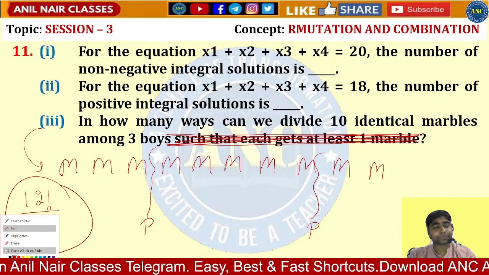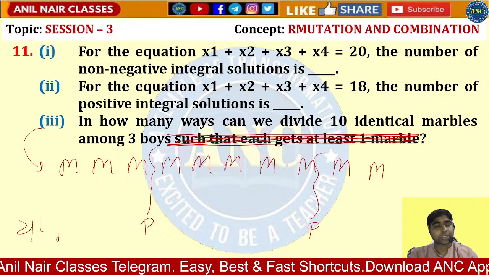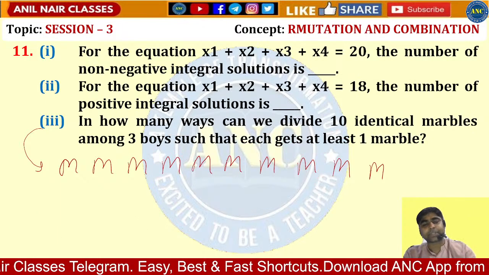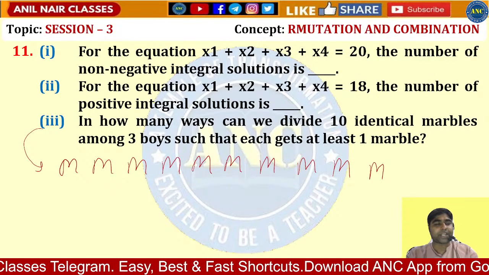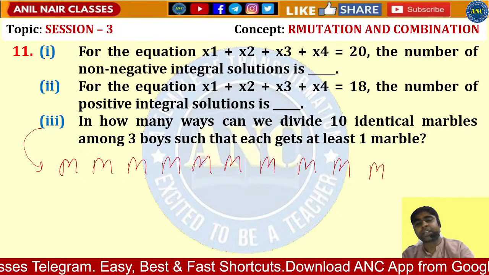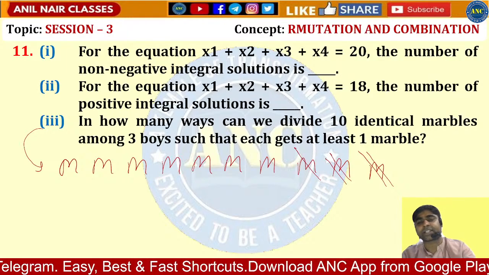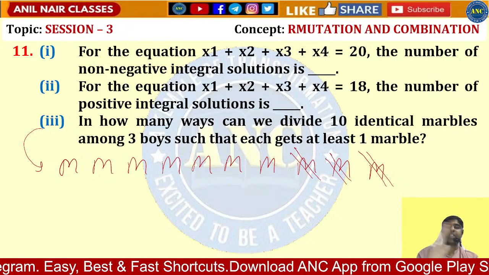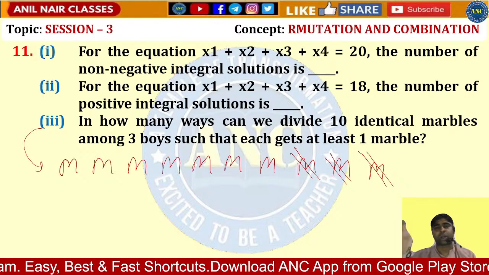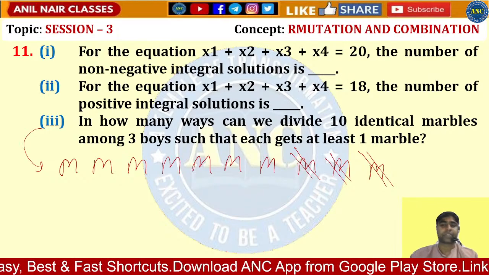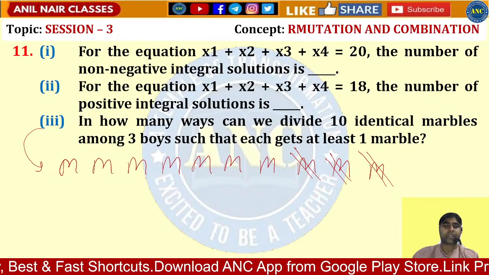But because this condition is there, I'll say whatever is the minimum condition, fulfill that. Give 1 marble to the first boy, 1 to the second boy and 1 to the third boy. So 3 marbles are gone. Now how many marbles are left with me? 7, 10 minus 3, right?